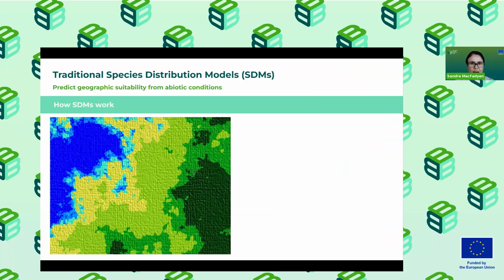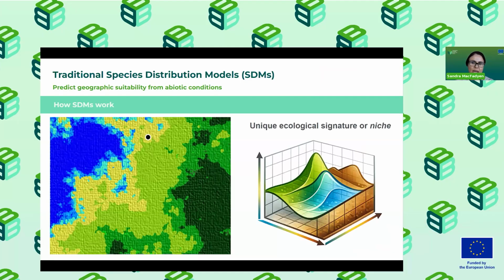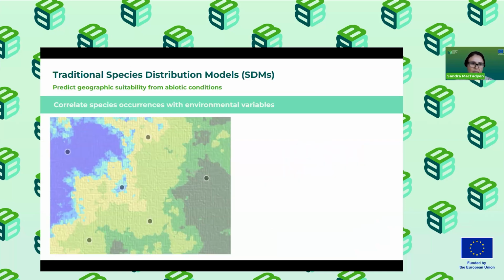So just to put this graphically, you can have a landscape. There's a site. That site has a unique combination of environmental conditions, ecological signatures or niches, if you want to call them that. And this will happen for a number of different sites. Each of those sites will have a number of resident species occurring at each of them.